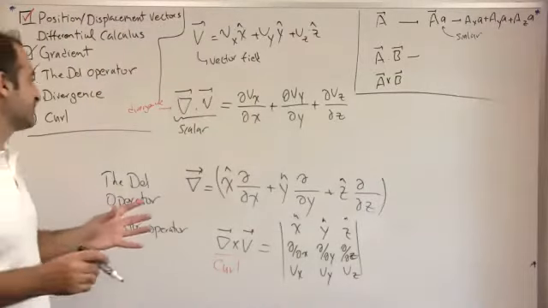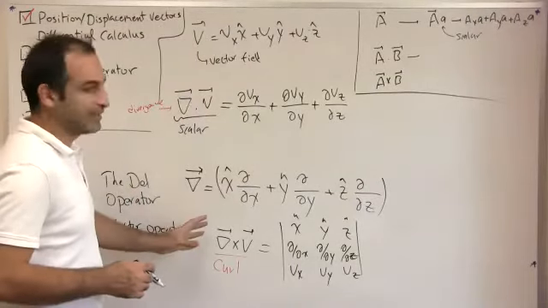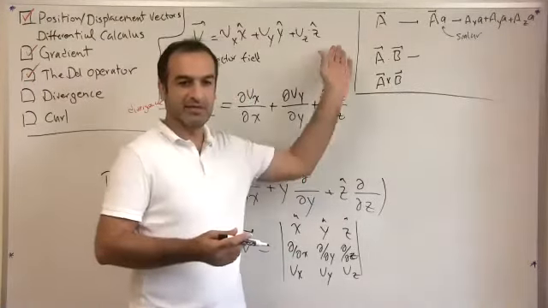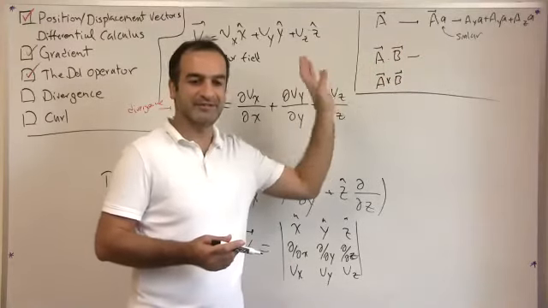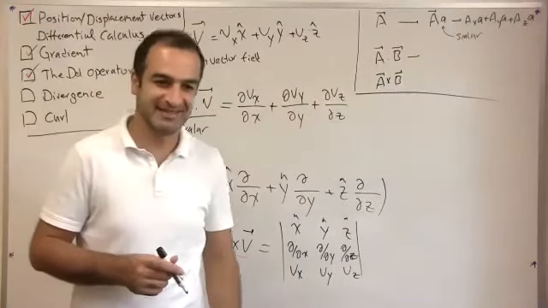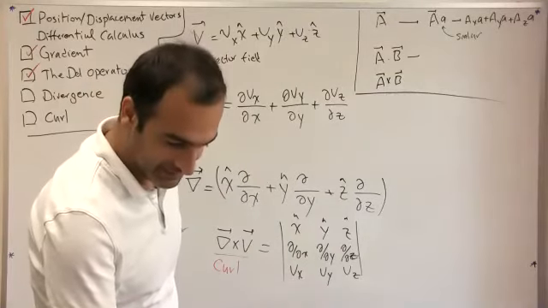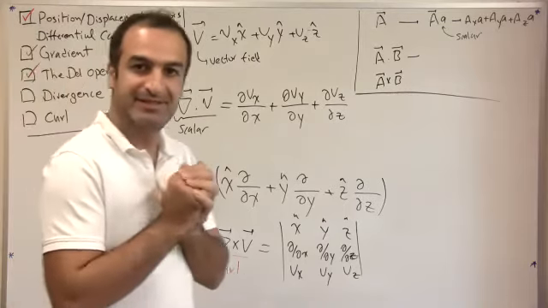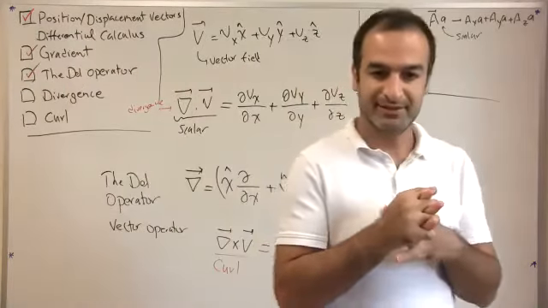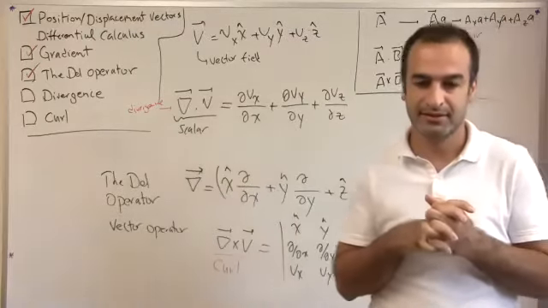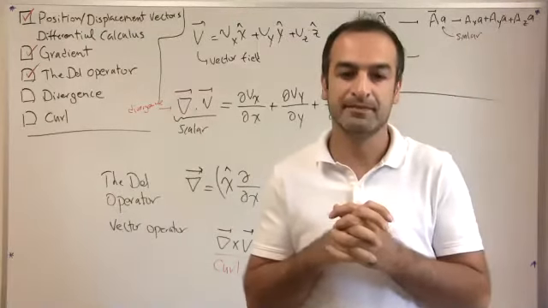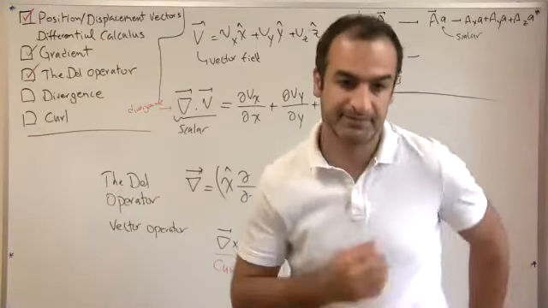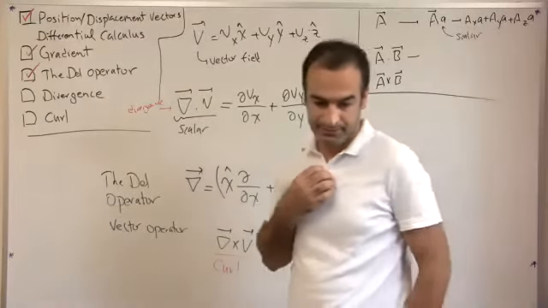In a way, I was trying to say that the way we use the del operator is similar to the way we use actual vectors: we multiply by scalars, multiply by vectors, and do cross products with vectors. Any more questions? You mentioned the curl will give a vector, right? The curl gives a vector, yes.